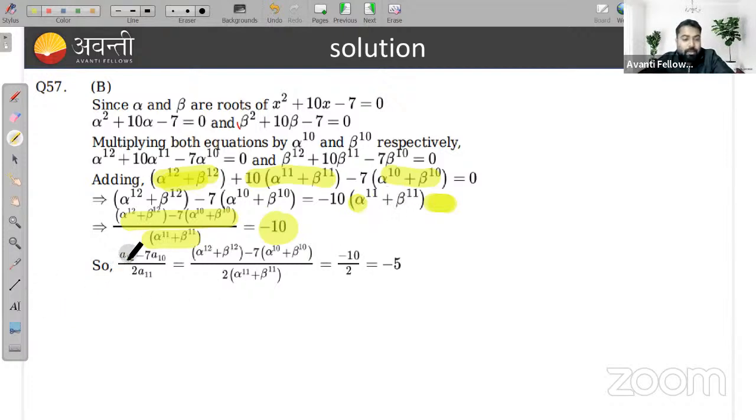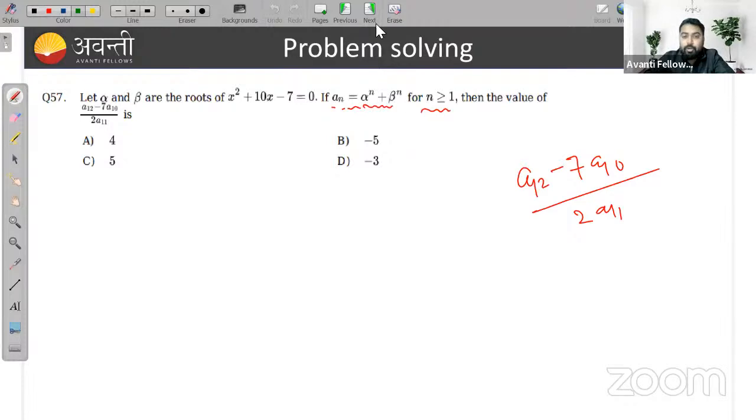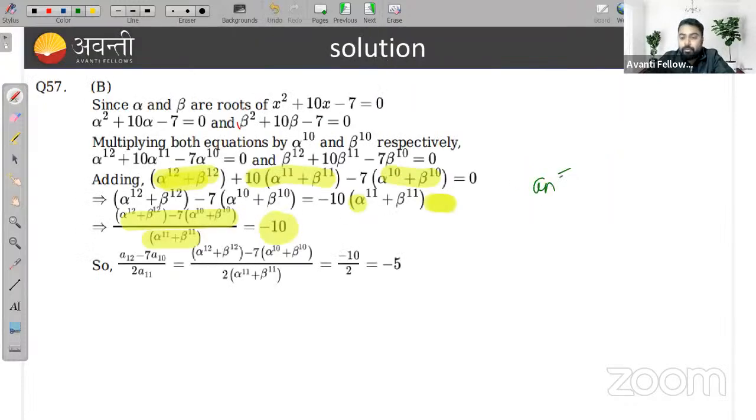Okay. So similarly, we know in the question that A_n is equal to alpha to the power n plus beta to the power n. Okay. So can I say A12 is alpha to the power 12 plus beta to the power 12? Yes. And again, 7 into alpha to the power 10.